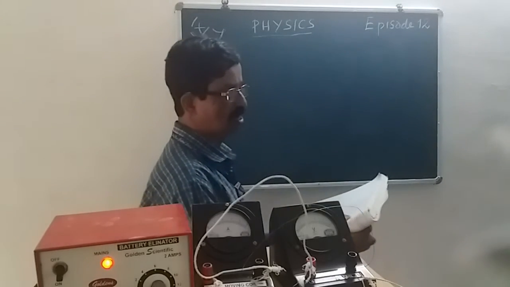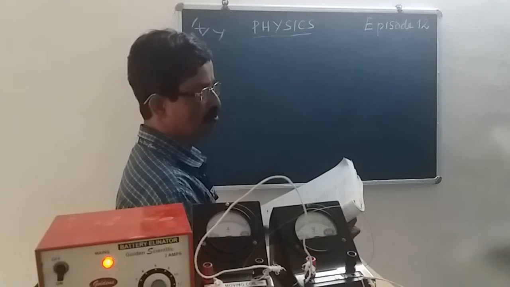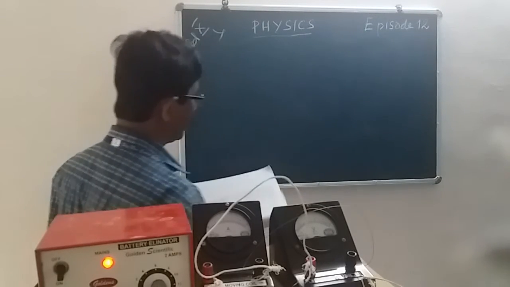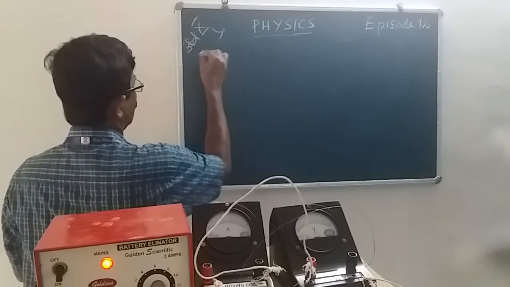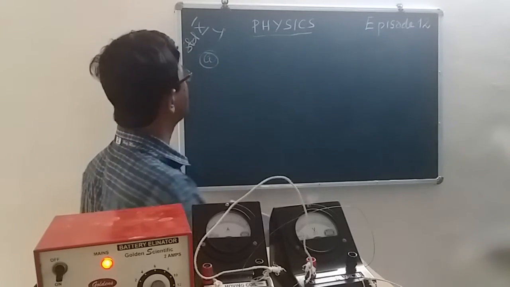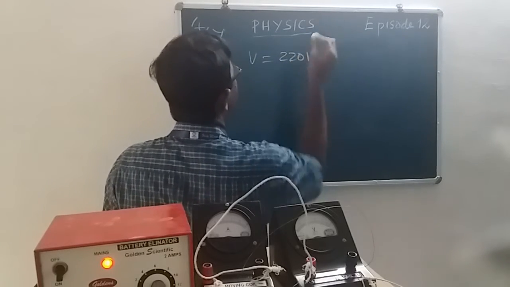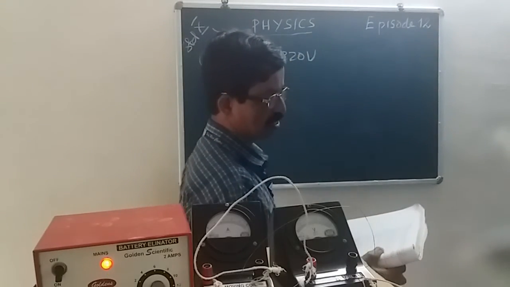How much current will an electric bulb draw from a 220 volt source? See, a 220 volt source means its potential difference V is given.